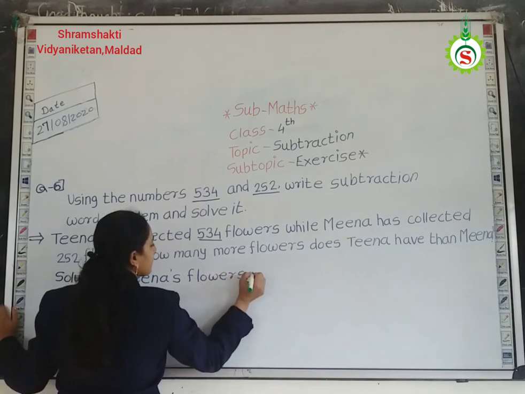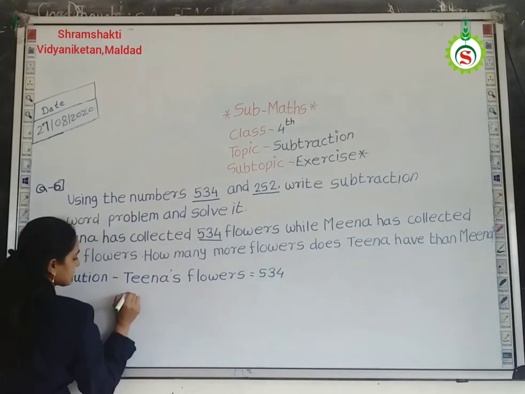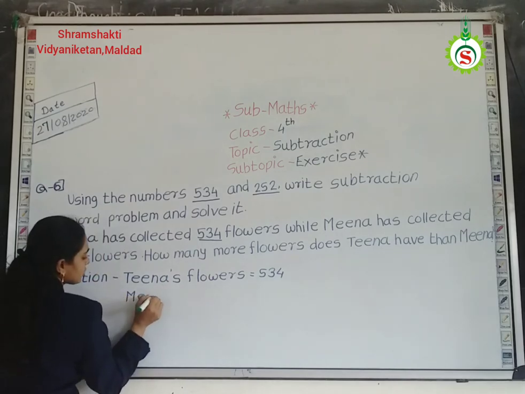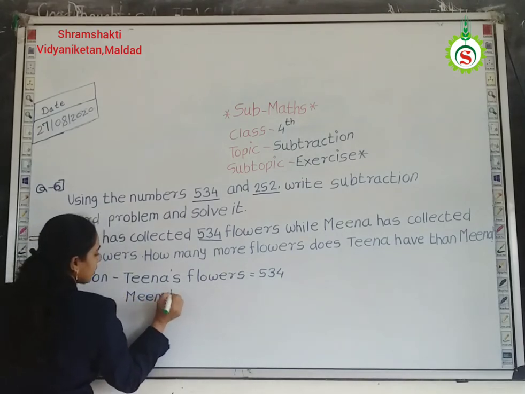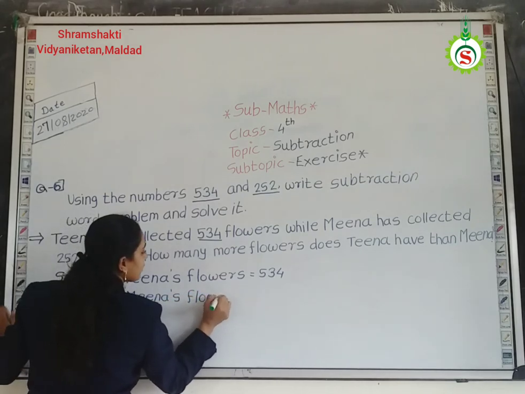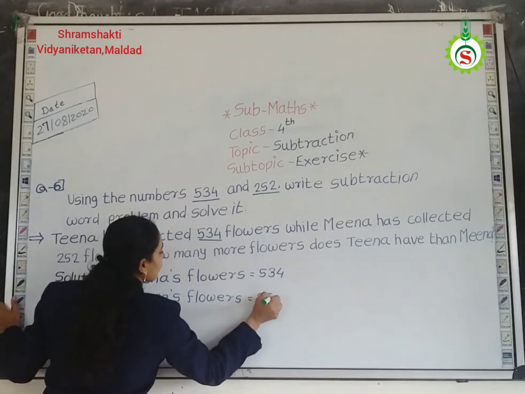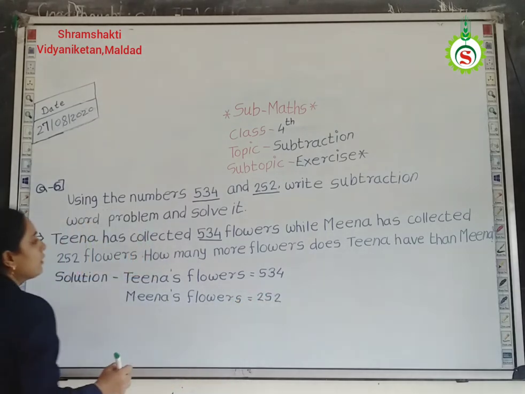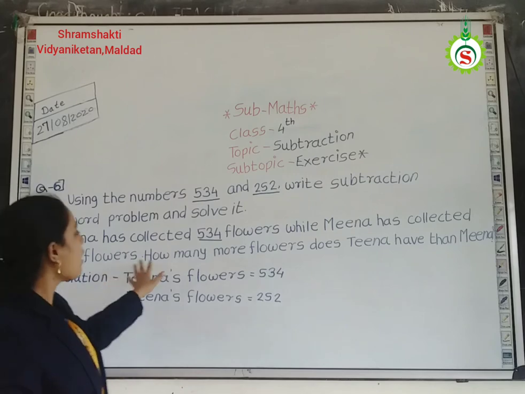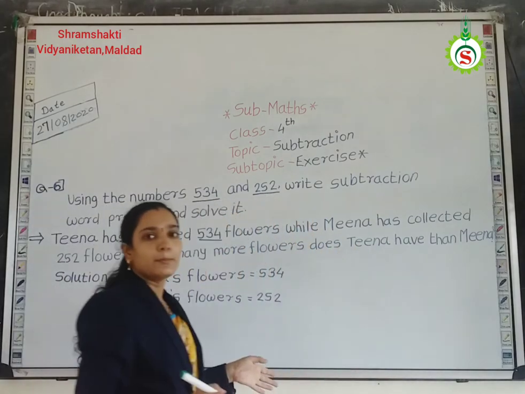Meena's flowers are 252. Here we have to find how many more flowers Tina has than Meena.